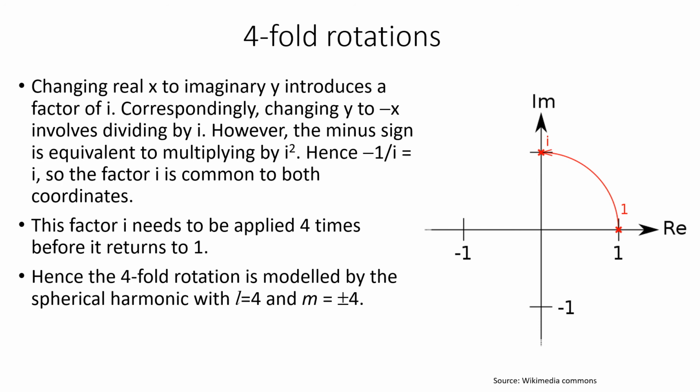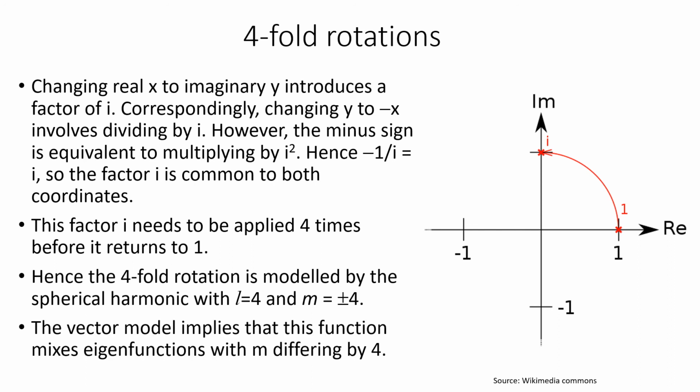So we couldn't have m equals 4 with L smaller than 4, that wouldn't be allowed. And so, using our vector model, this implies that our spherical harmonic operator, as it were, our spherical harmonic representation of the fourfold rotation, is effectively going to mix eigenfunctions whose m differ by 4. And that's again looking at all these spherical harmonics as vectors.